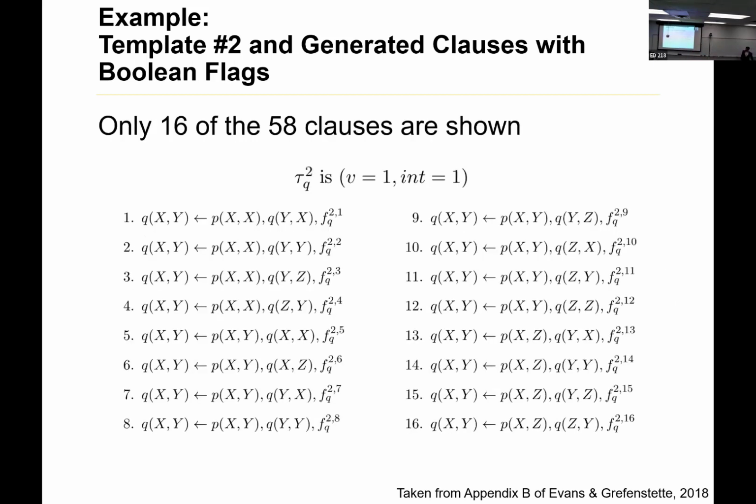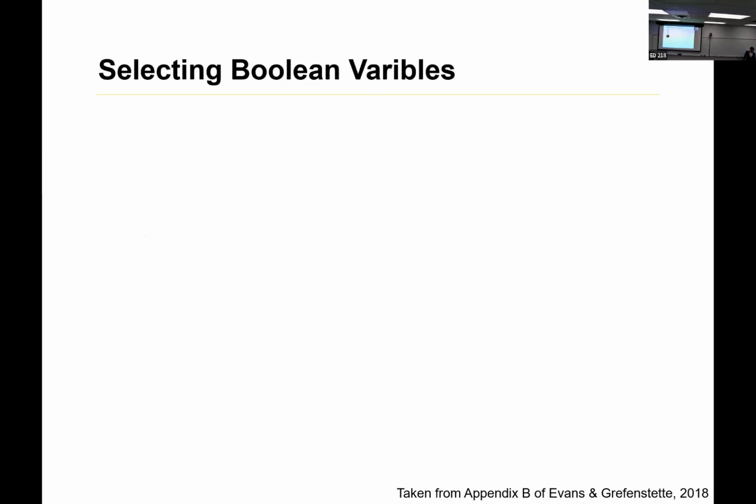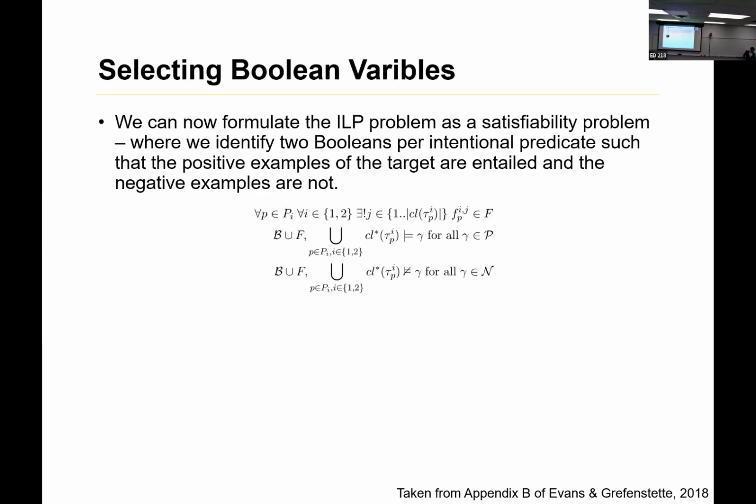And here it is for the second template. No big surprise there. You just got those F's as a conjunction on the end. All right, so picking a set of Boolean variables. In this example, we're not going to say how it's done. That'll come a little later in the talk.